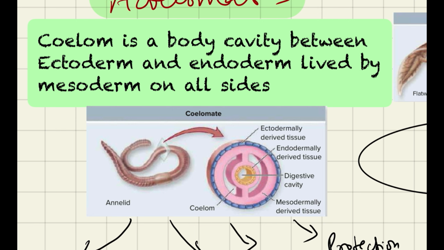This is the concept of coelom, and these are the mandatory conditions: it has to be bound by mesoderm on all sides, and it lies between this ectoderm and endoderm, or body wall and gut. This is the definition of coelom. Sorry, this is not leaved, this is lined.